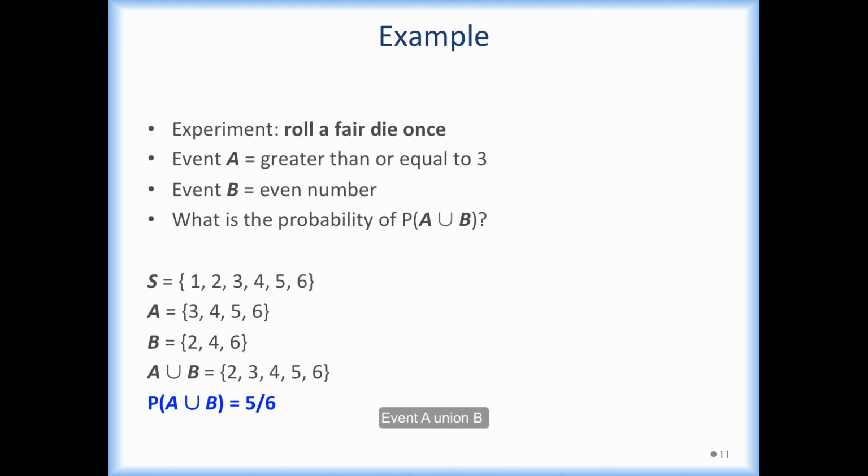In other words, event A union B contains sample points that belong to either A or B or both. Therefore, event A union B contains 2, 3, 4, 5, and 6, a total of 5 outcomes. Then it is straightforward to see that the probability of A union B is 5 over 6.